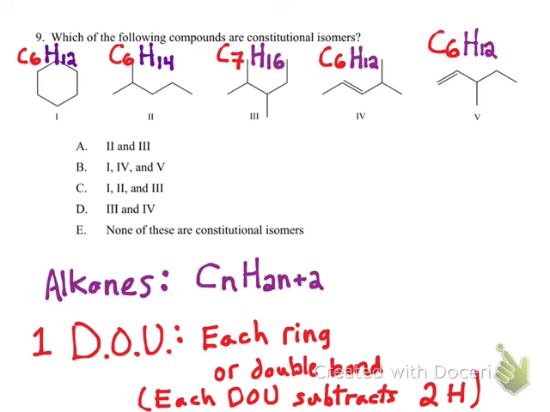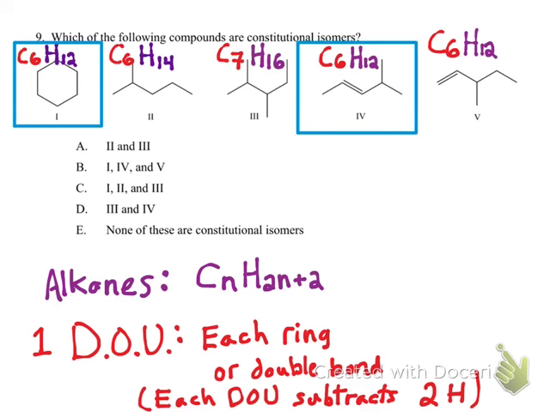So, our winners in this contest, the ones that are constitutional isomers, are molecules 1, 4, and 5. Each with the formula C6H12. Those are our winners here. And again, you can always go back and actually count out the number of hydrogens and find the formula. This is just a quicker way that we can go about doing it as well.